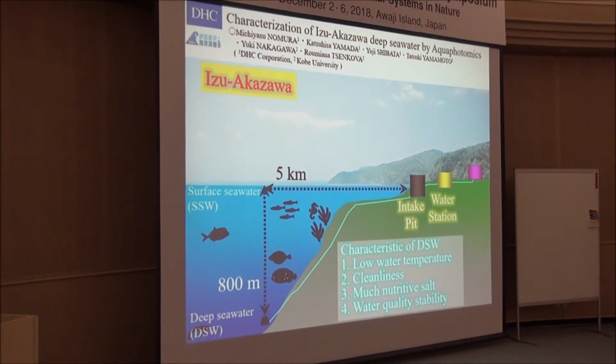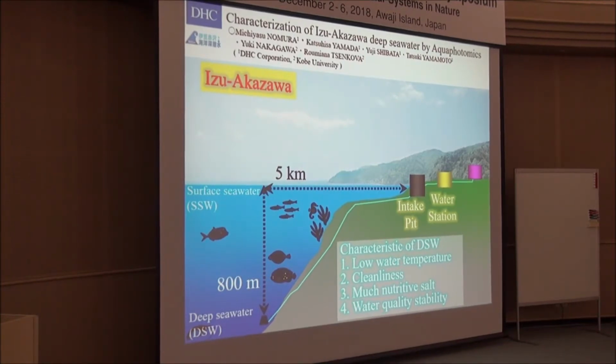So biomass containing microorganisms is few. So DSW is clean. Because there is no phytoplankton in DSW, inorganic nutrients such as nitrogen and phosphorus necessary for the growth of phytoplankton are not consumed by phytoplankton. So much inorganic nutrients remain in the DSW.